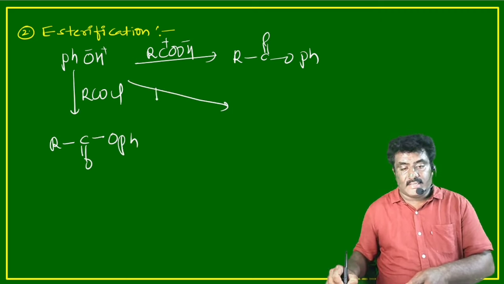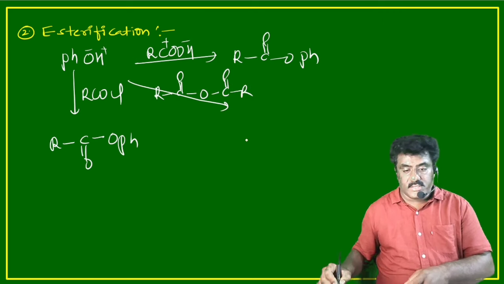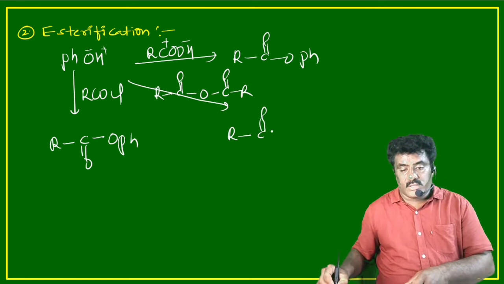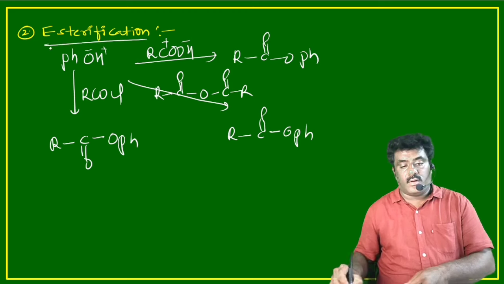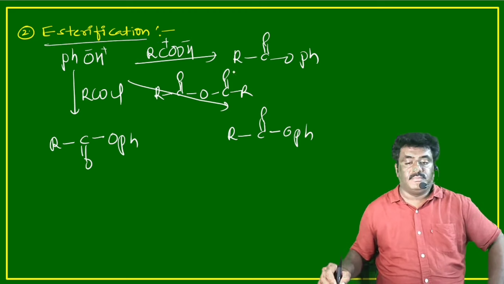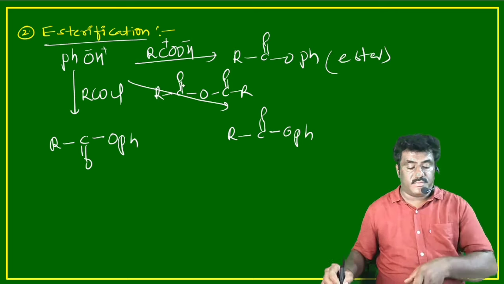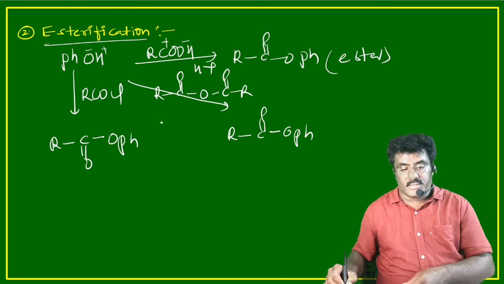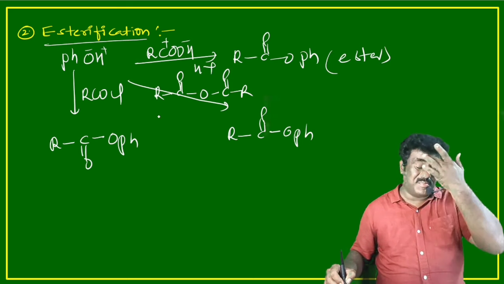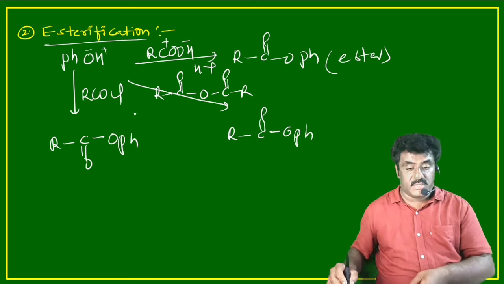Phenol with acetic anhydride RC double bond O C double bond O R also forms RC double bond O pH. Dissolved with acid to form an ester is an esterification in presence of H plus. To form an ester. Yes, let's move on.